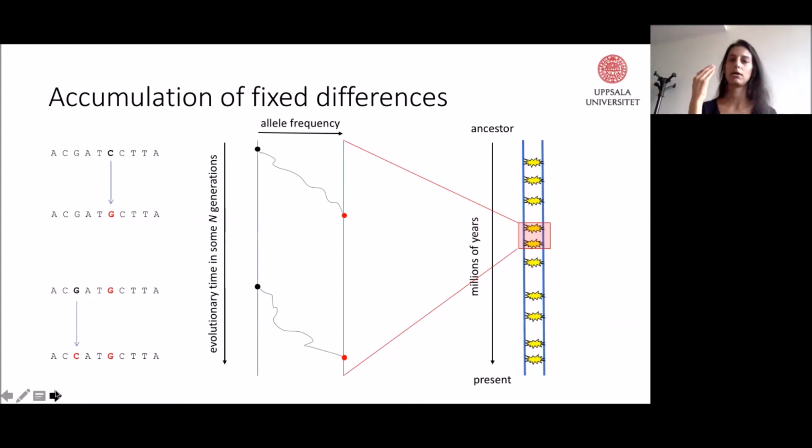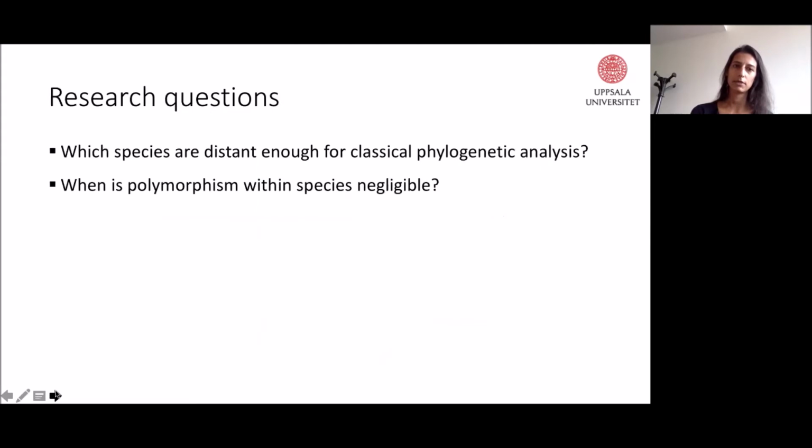But if we now are aware of the underlying assumption, we can actually ask the question, which species are distant enough so that we can use classical phylogenetic analysis? This is the same as asking the question, when can we ignore polymorphism within species? Because obviously we don't do it within population genomic analysis.